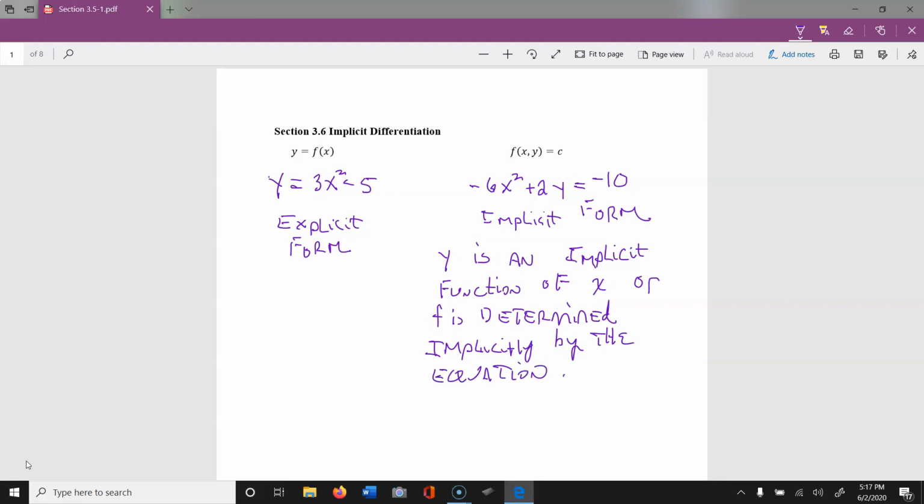Okay, so again, that's two ways you can describe this relation that we have here. Y is an implicit function of x, or f is determined implicitly by the equation.